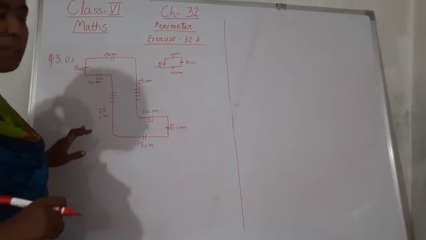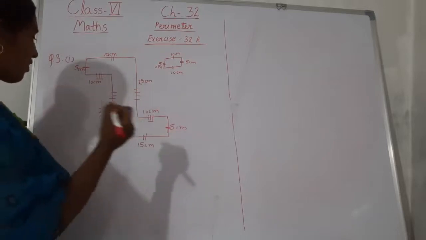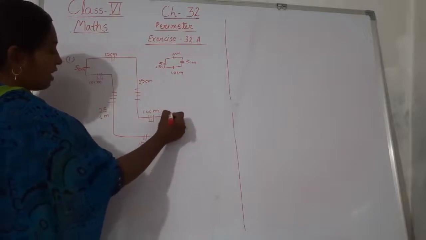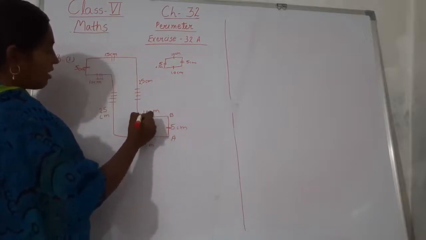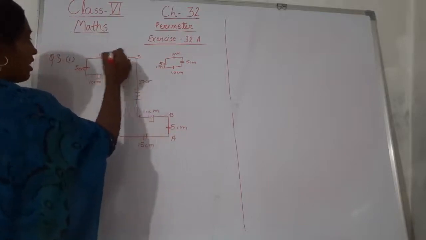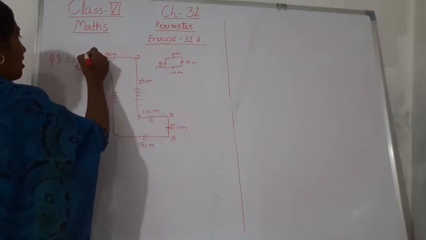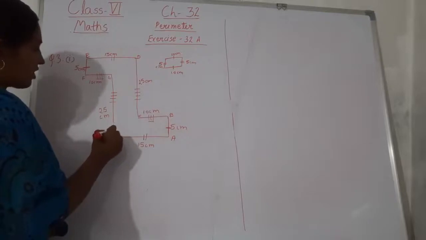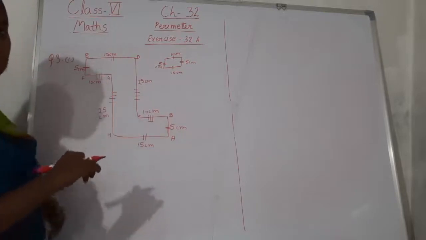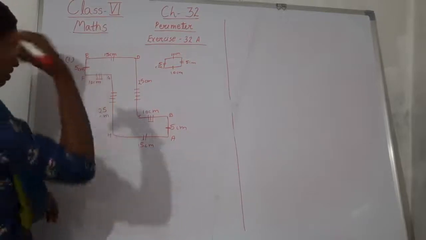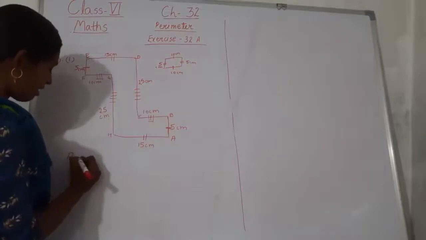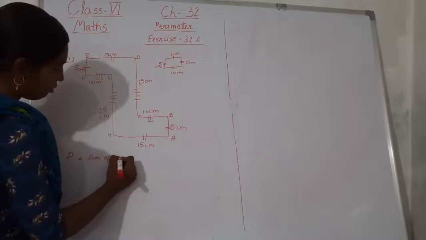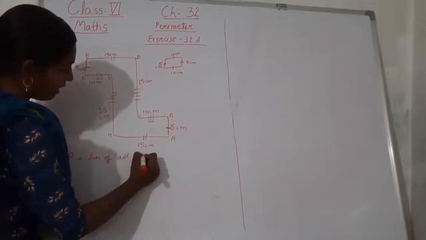Now we will apply the perimeter formula. So I am naming the vertices A, B, C, D, E, F, G, H so that there will not be any confusion. The perimeter formula, I will write, is the sum of all sides.